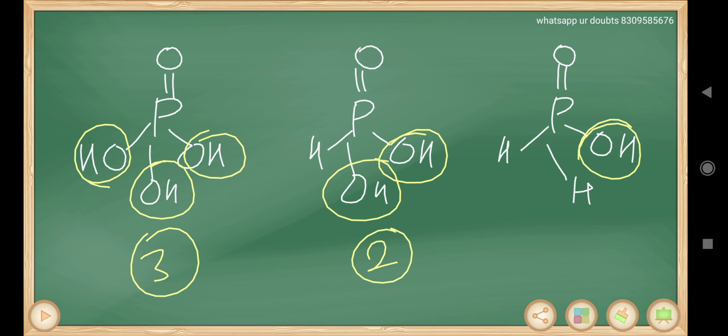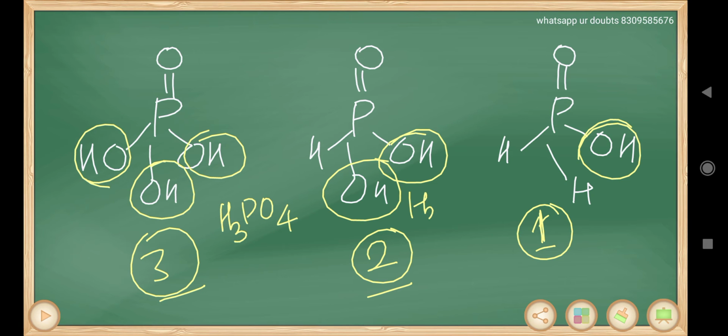Here only 1 OH group is there, basicity is 1. H3PO4 is tribasic, H3PO3 is dibasic, and H3PO2 is monobasic. H3PO4 tribasic, H3PO3 dibasic, H3PO2 monobasic. These structures you remember, these are very important.